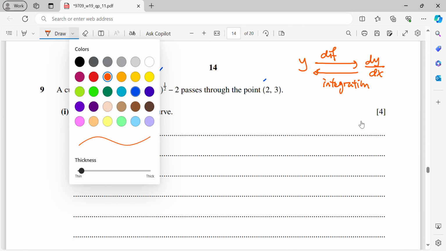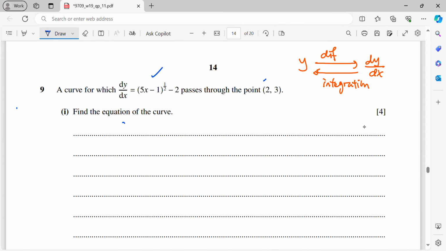Okay, so now we need to integrate. So it means that your dy dx is 5x minus 1 to the power of half, then minus 2. So your y, you need to integrate 5x minus 1 to the power of half, then minus 2 dx.